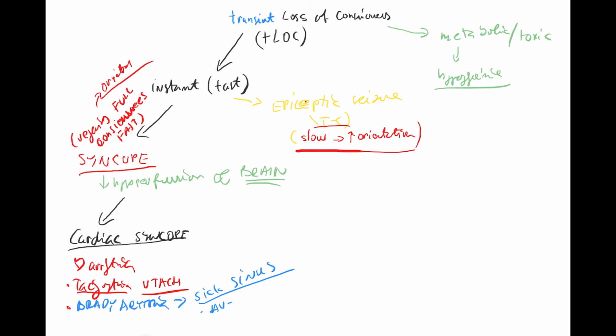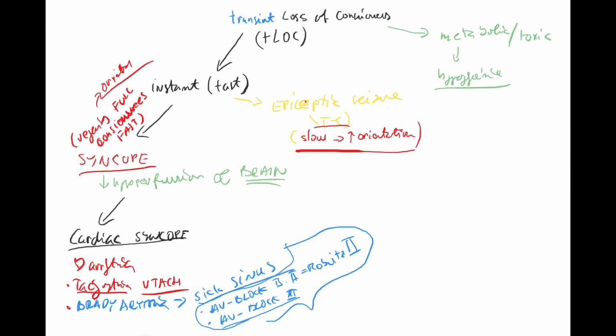Why I said three, because you can talk about AV block second degree, second type, which is Mobitz 2, or AV block third degree. Here they can go so slow that they can really faint. They're having a syncope. And you know what you call these syncopes, those caused by bradycardia and arrhythmia? That's Adams-Stokes.